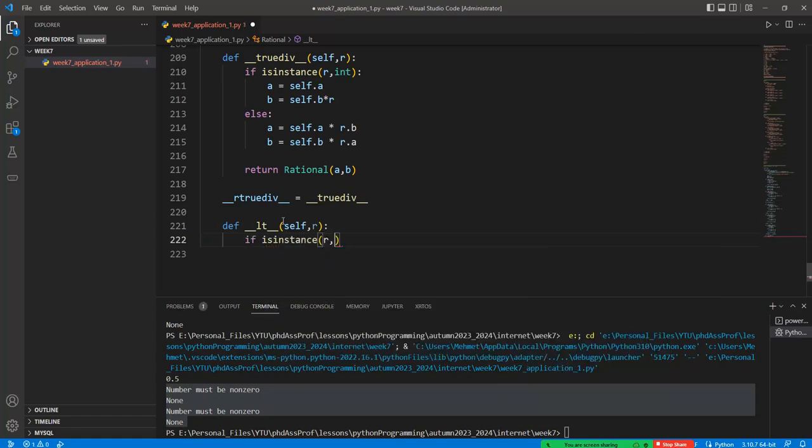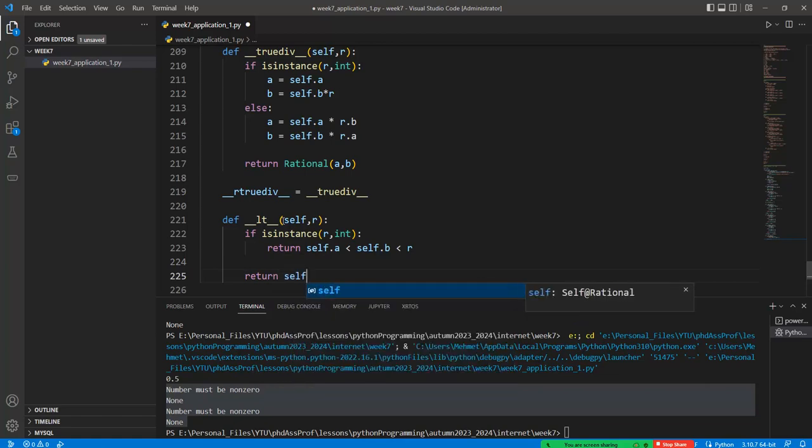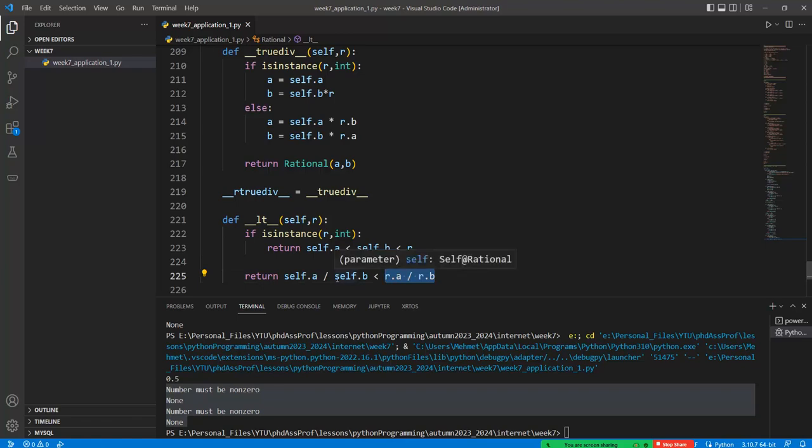Its instance can be assigned with the other integer value, and it returns self.a is smaller than self.b, or otherwise it's not the case, and so it returns self.a divided by self.b and ra divided by rb, which means that this __lt__ represents whether the given parameter is greater or smaller than this term.